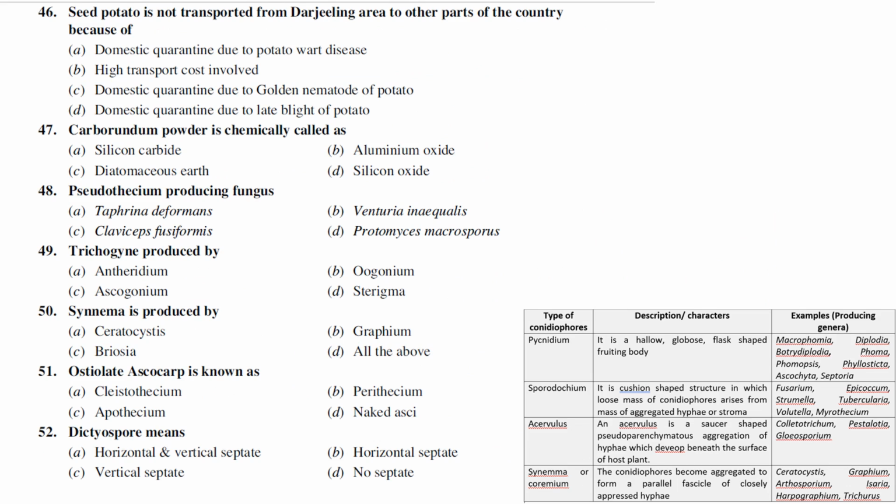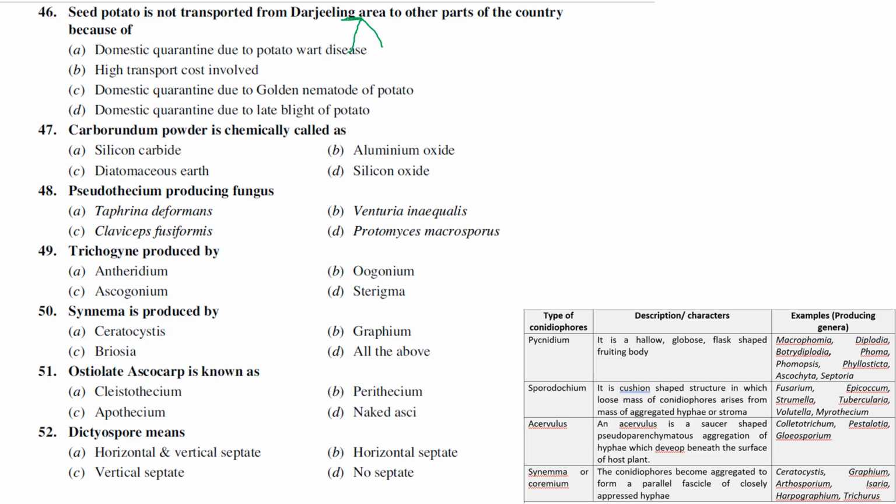The next one: seed potato is not transported from the Darjeeling area to other parts of the country because of a domestic quarantine due to potato wart. Potato wart is an endemic disease in Darjeeling. If you see what is epidemic, endemic, pandemic, and sporadic, endemic means the disease is confined to a particular area or locality. The best example is potato wart.